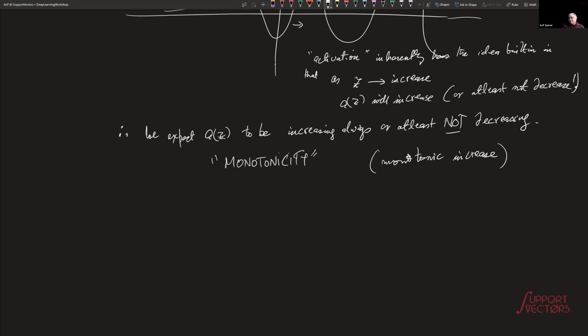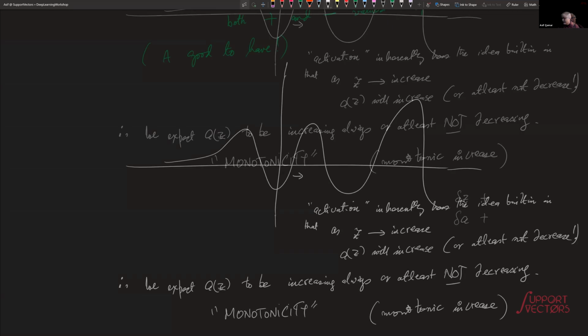You don't want that as Z increases, delta Z is positive, you would like delta A to be positive. That's all it means. It means that the slope should preferably stay positive. But we'll have more to say about that as we continue. All of these properties, to what extent we need to adhere to them and to what extent we can compromise on them or not have them, that is the topic of interest.